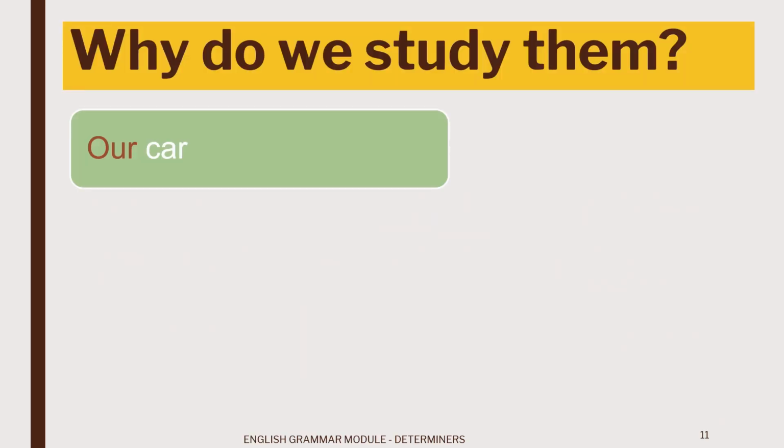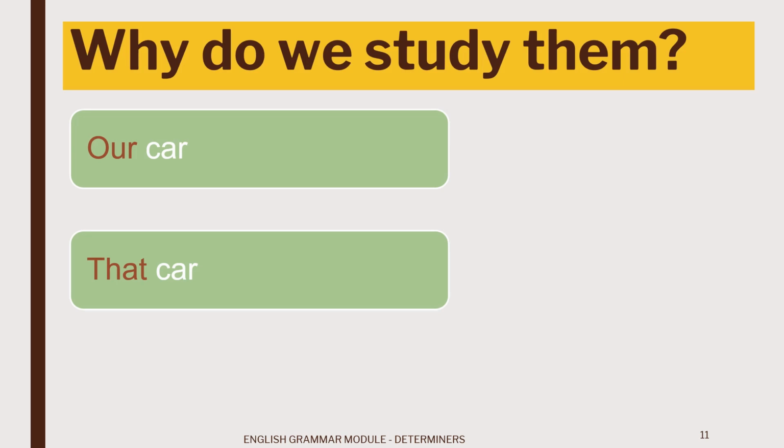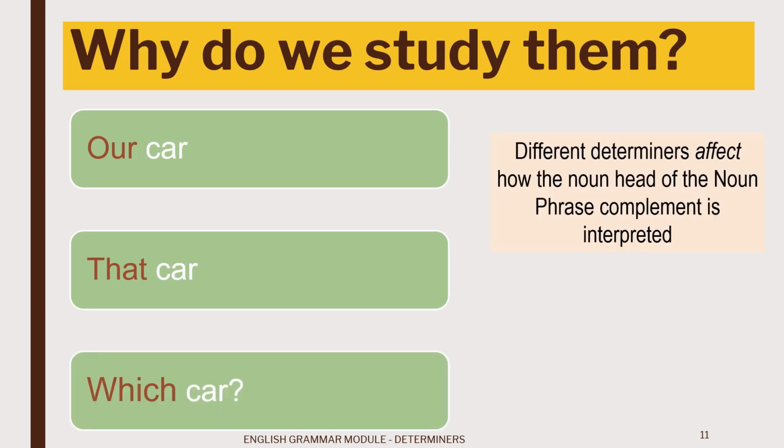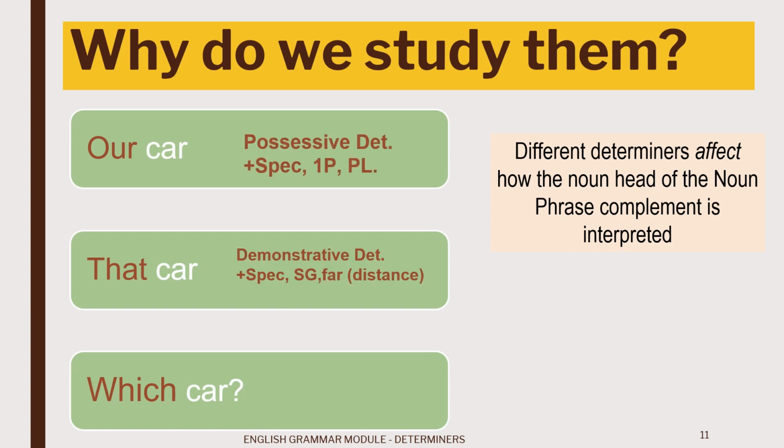So once again, we are better prepared to analyze how the choice of a determiner will affect how the noun head of the noun phrase complement is interpreted. In the case of possessive, demonstrative, and interrogative determiners, this is a type of grammatical information that we should specify, that should be part of our descriptions.